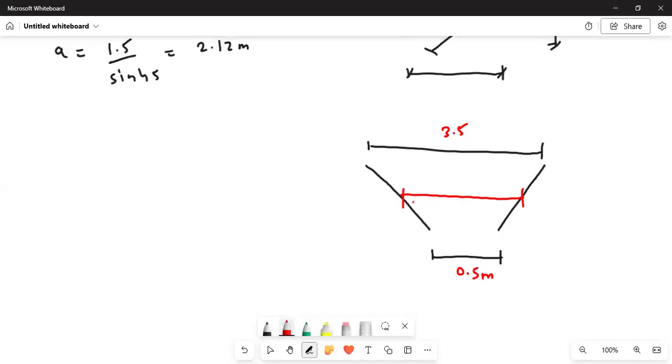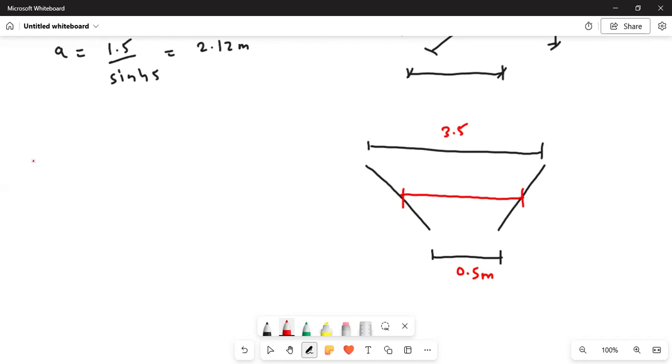Whenever you are dealing with the hopper bottom, we are interested in the mean dimension, just as you calculated the mean dimension for a rectangular bunker. Since the upper diameter is the maximum and the lower diameter is the minimum, you need to calculate the mean diameter.